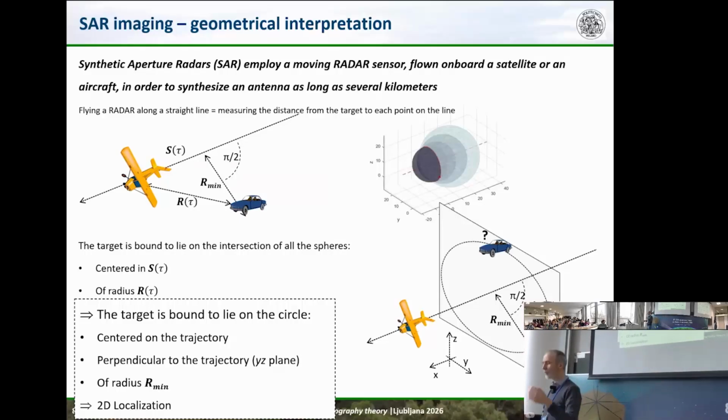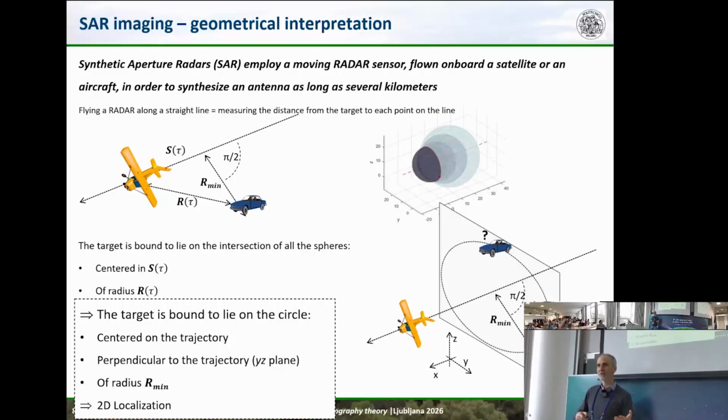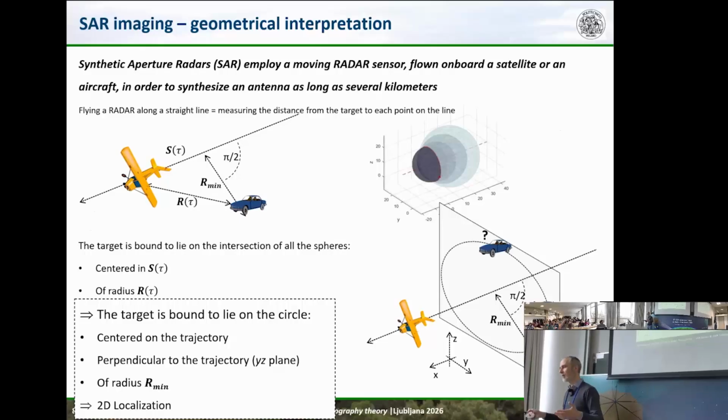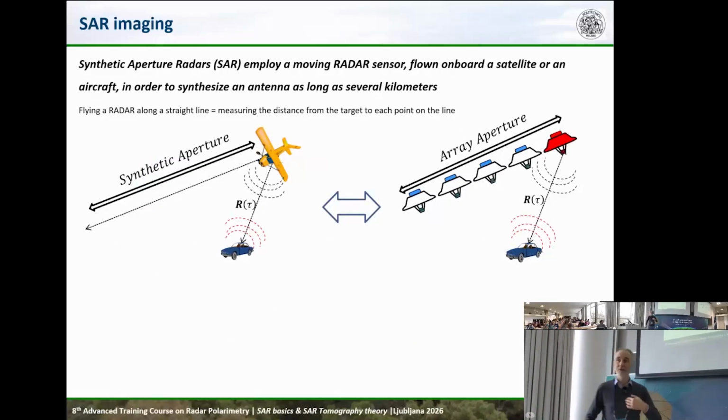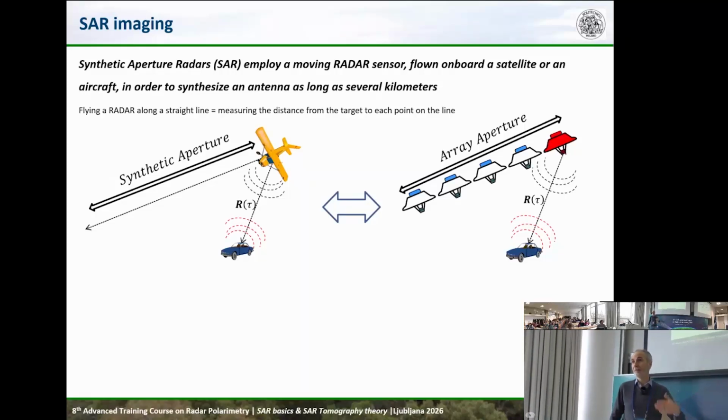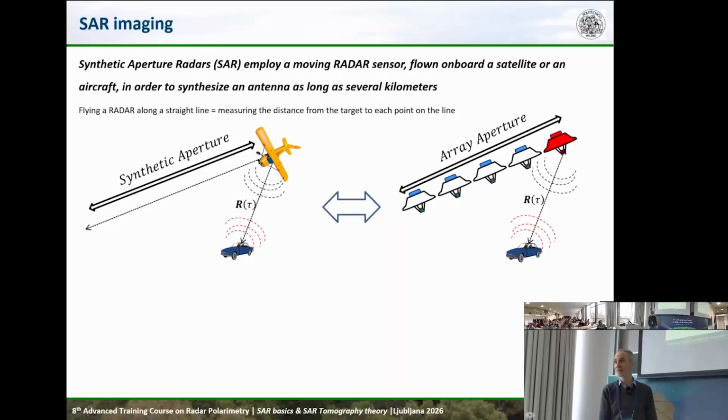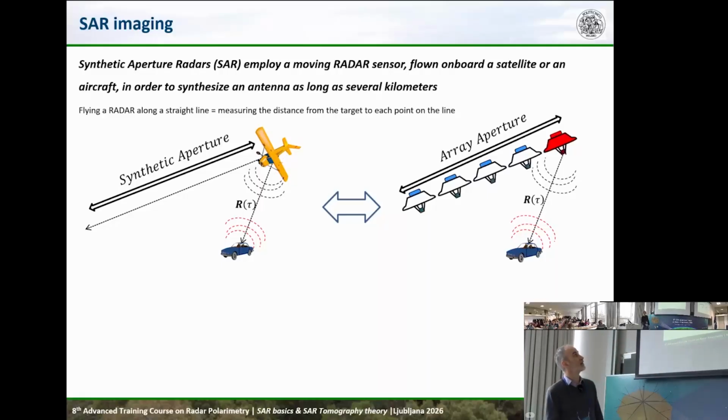Now, how do we connect this to the concept of angular resolution that we just saw? Well, the trick is to imagine that when you fly a radar, you are basically having the equivalent of an array of antennas.